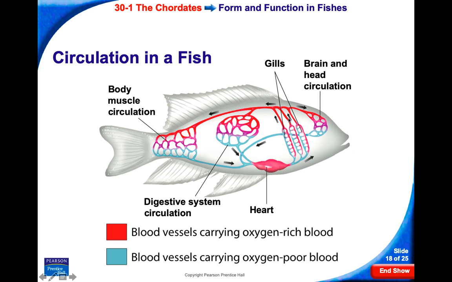Okay, from the gills, the blood travels to the rest of the body. And all of these are just supposed to represent blood vessels that are feeding various areas of the body. But you can see in each of these areas there's a transition from red to blue. So this is just supposed to represent that the tissues are using up the oxygen in the blood.